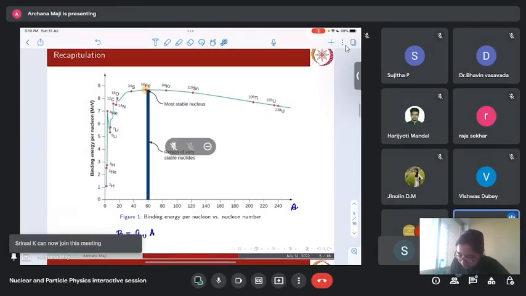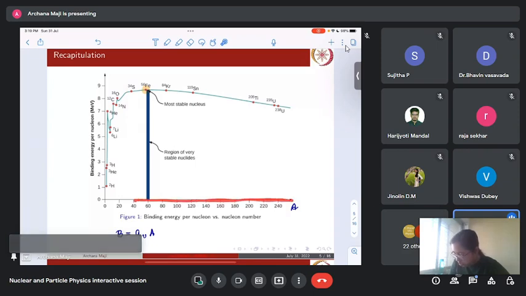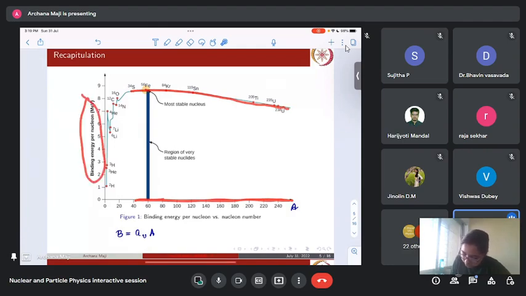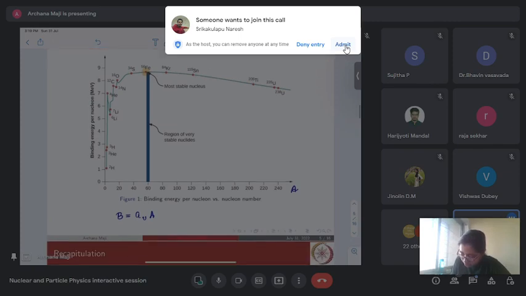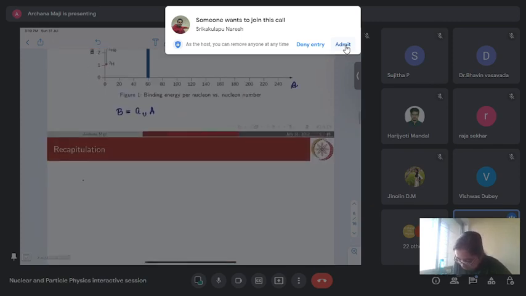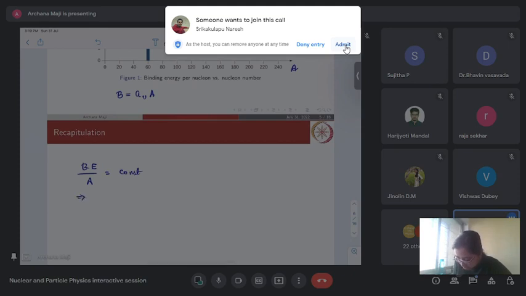If you look at this graph, starting from 30 onwards, all these nucleon numbers have almost constant binding energy per nucleon. Starting from 30 onwards, the binding energy per nucleon is almost staying at 8. So binding energy per nucleon is almost a constant, and that's why binding energy is equal to some constant times the nucleon number.